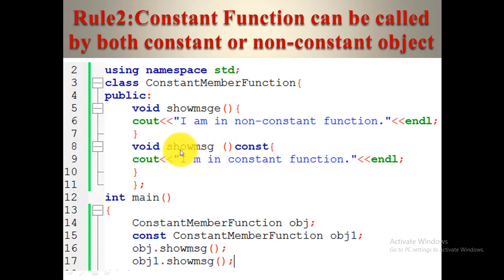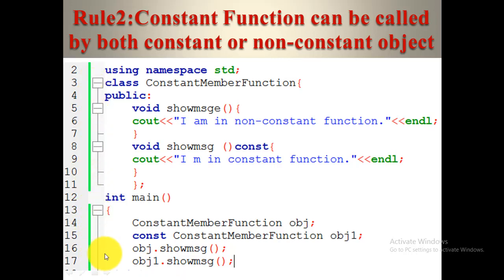Show message, this is a constant function. Here we call the show message function with object, that is a simple object, and object 1, that is a constant object. So there is no error. You can see that there is no error generated.